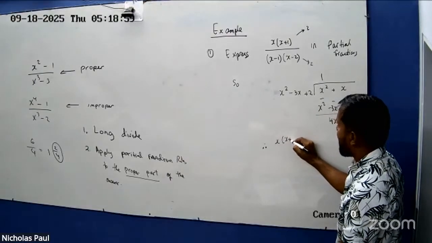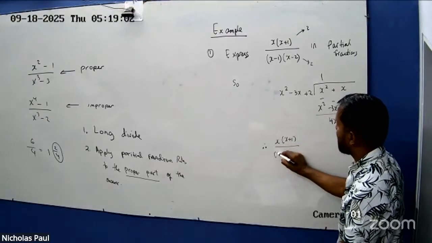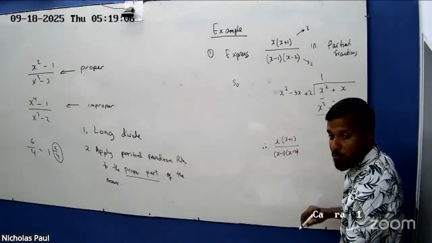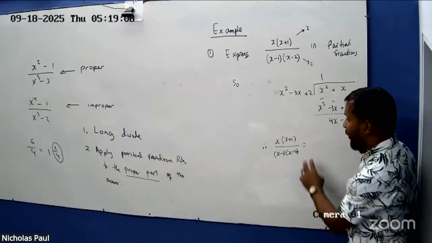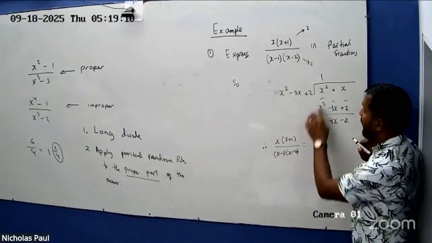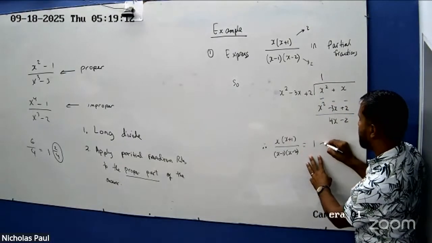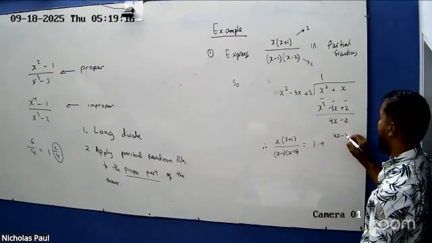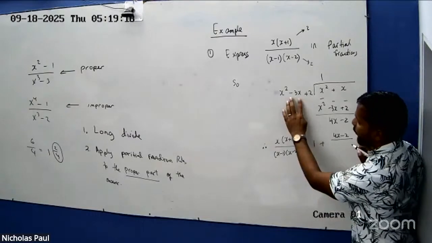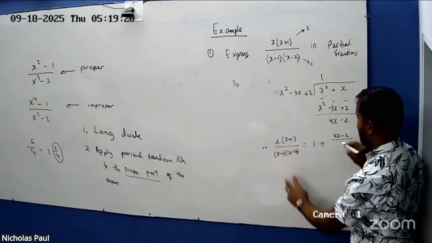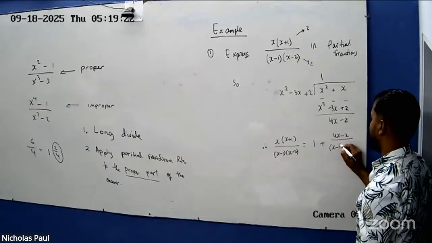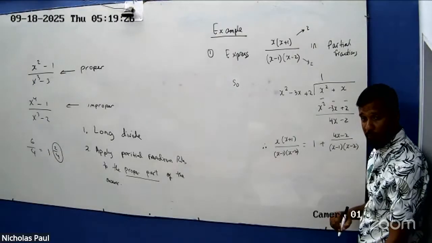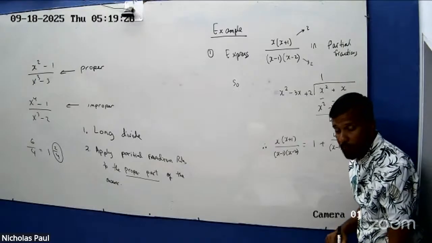x(x plus 1) over (x minus 1)(x minus 2) is equal to 1 plus this over this. The 4x minus 2, I am not going to write it like this, I'm going to write it like this. Are you okay with that?